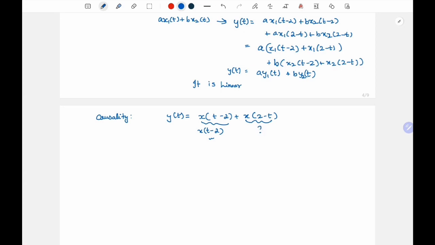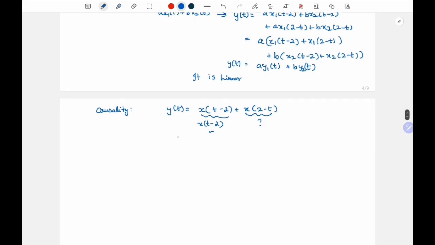Is it causal? Actually, it is not causal. For example, if you take any negative value of t, let's say y of minus 1, then what you will get? X of t plus 1, or sorry, t itself is minus 1.